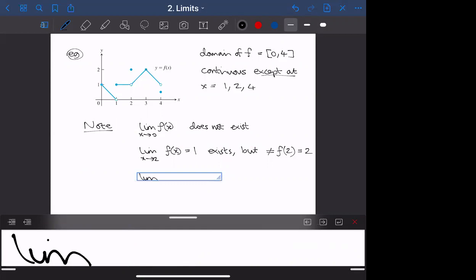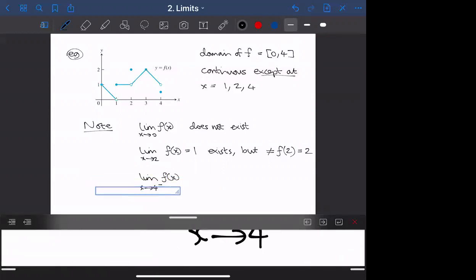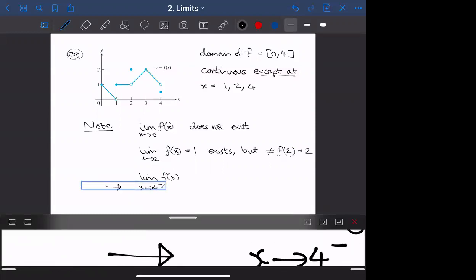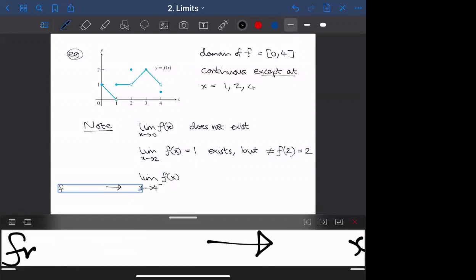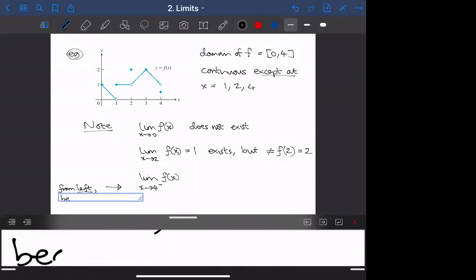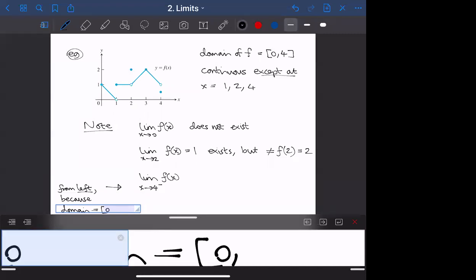Okay, and in the same way, the limit of f of x as x goes to 4, from the left, I have to be careful to take from the left, and that's because the domain is 0 to 4.